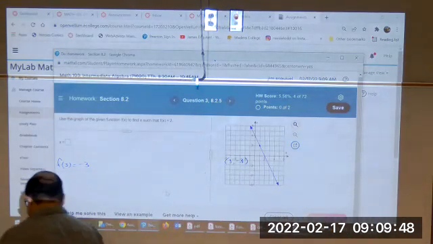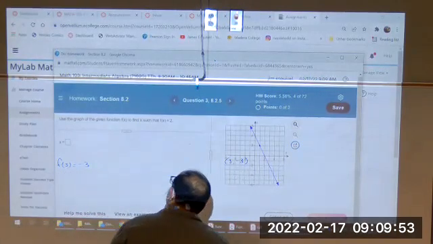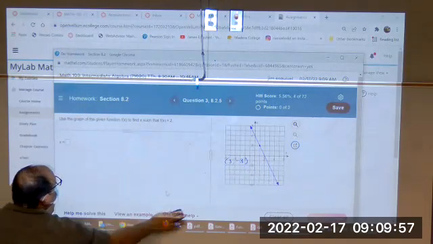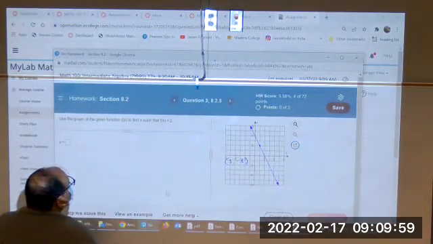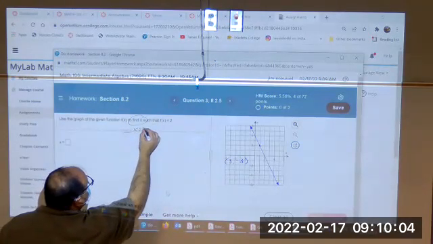The question is now switched. It says use the graph of the given function f of x to find x. What does x equal?